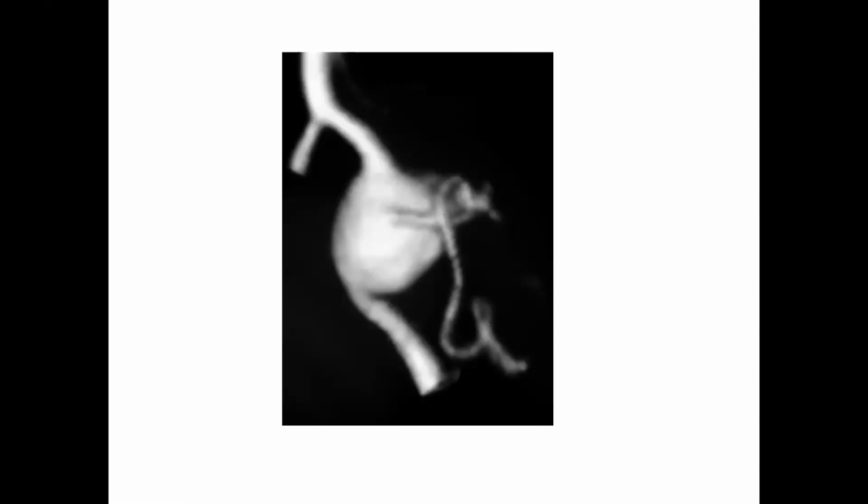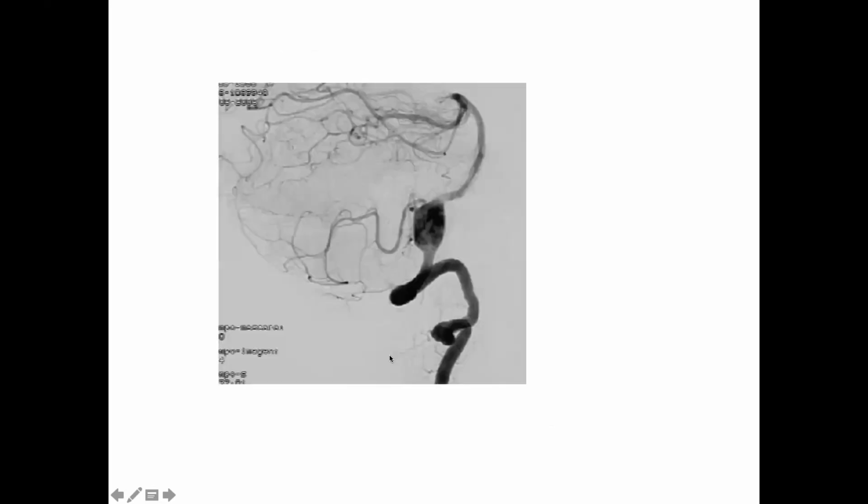I present some examples. This is a vertebro-basilar junction aneurysm. This is probably post-traumatic. You see the PICA origin in the sac, if you want. The point of dissection is from this point to this. This is the angio in lateral view.